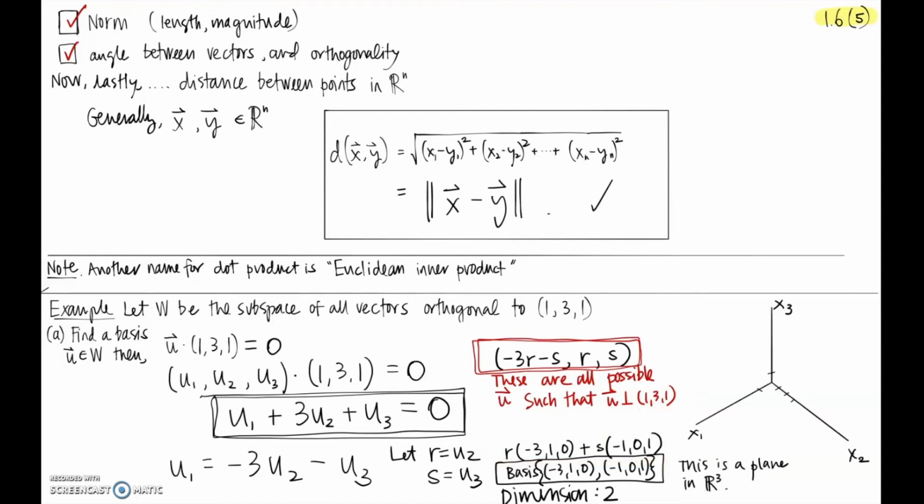So now I'm going to do my best to help us see geometrically what's happening here and what this set might look like. First of all, this vector here, (1, 3, 1). So that's 1, and then 3 on x2, and then up 1. So that vector will look something like this, if you can picture it kind of poking out at us, pointing towards us, and elevated up 1.